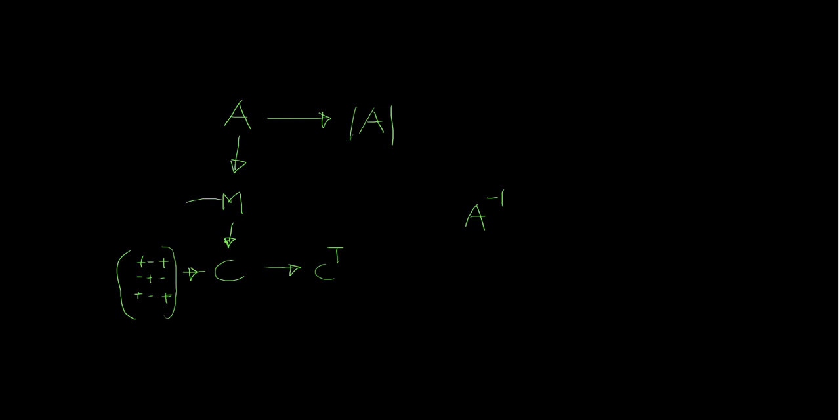The A inverse is nothing but 1 over the determinant of A, times CT. Once you find CT and the determinant, you can find the inverse. That's how you can find the inverse of a 3 by 3 matrix.